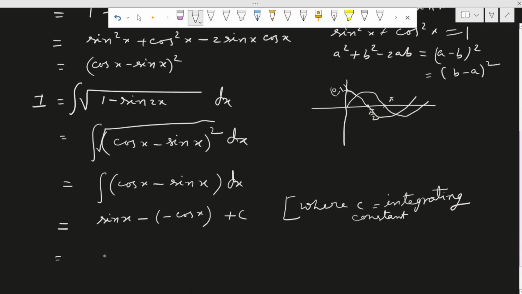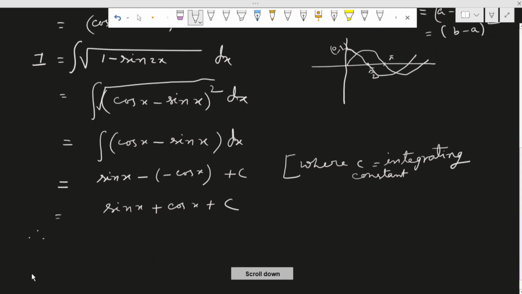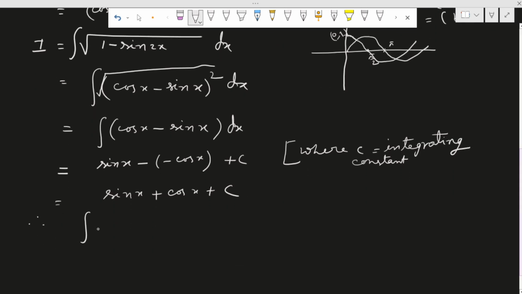That is equal to sin x minus minus plus cos x plus c. Therefore, integration of square root of 1 minus sin 2x is equal to sin x plus cos x plus c.